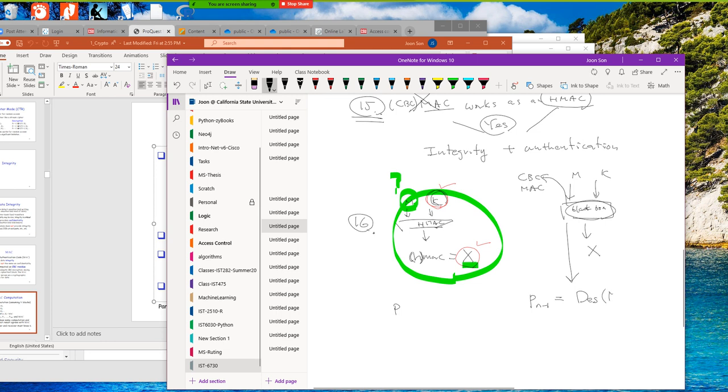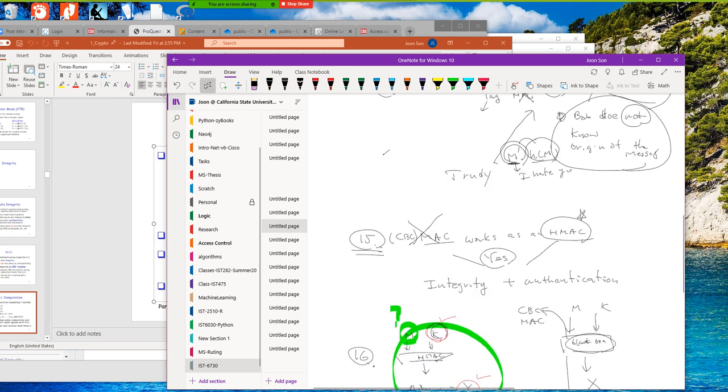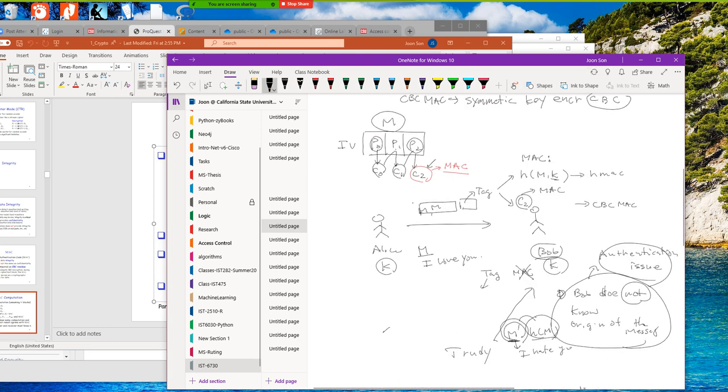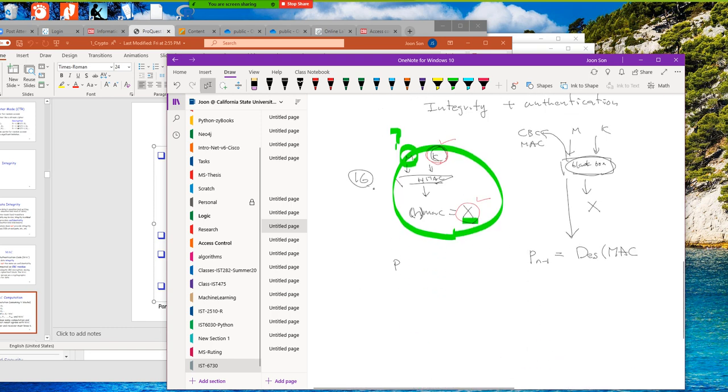Let's say you have a MAC value. You know that this MAC value is from the C2, the last one. So even though I said MAC value, this is really from C2.